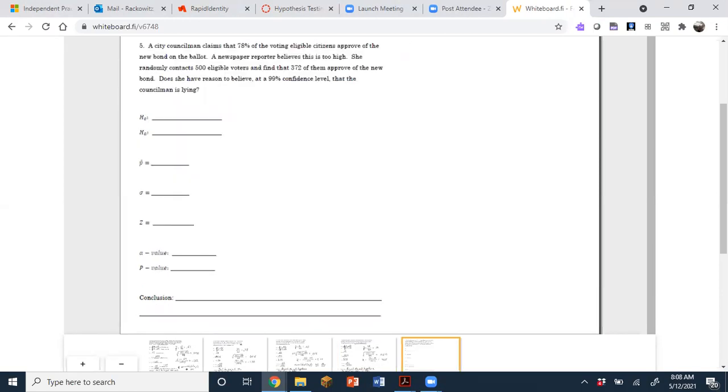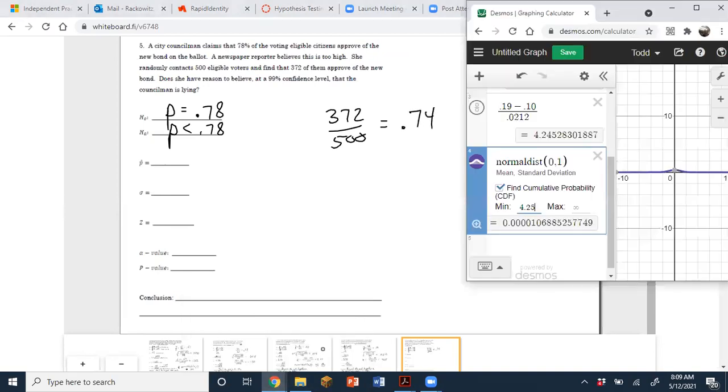All right, last one. City council claims that 78% of eligible citizens approve of the new bond. So he is saying that the proportion is equal to 0.78. A newspaper believes that is too high, so less than 0.78. So she randomly talks to 500 people and found that 372 out of 500 approve, which is 0.74.